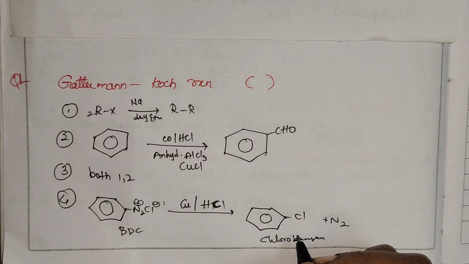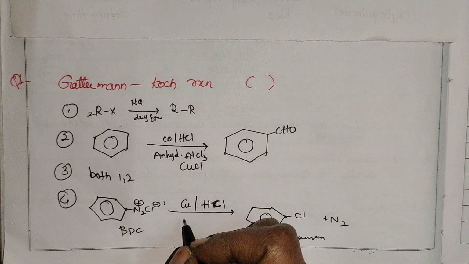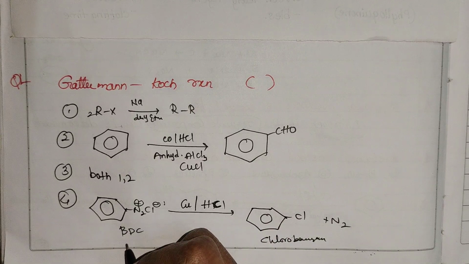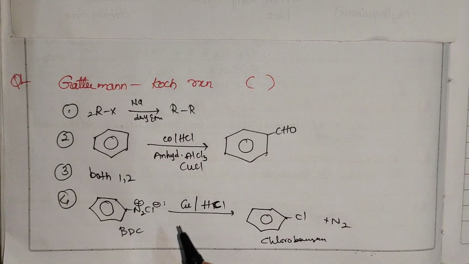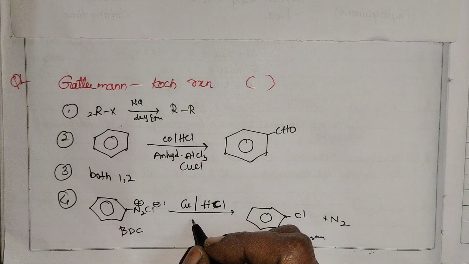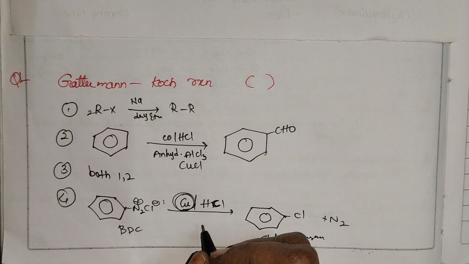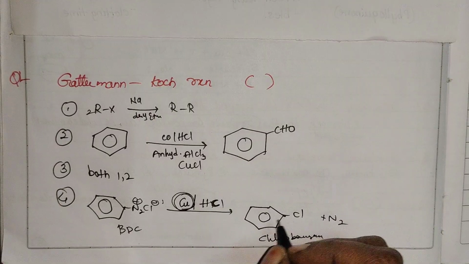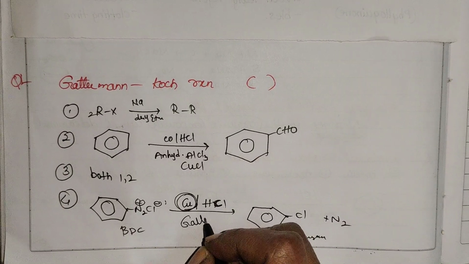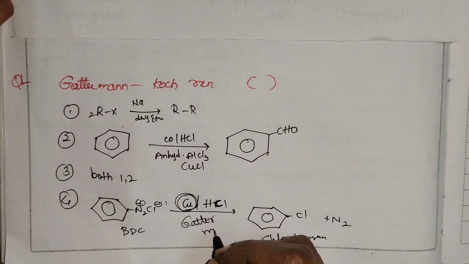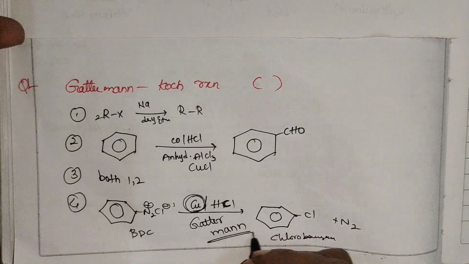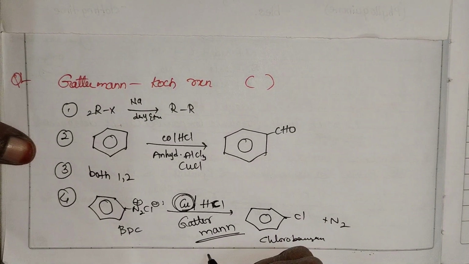Halobenzene formation from benzene diazonium chloride in the presence of copper powder, if it forms the halobenzene, is the Gattermann reaction, not Gattermann-Koch.